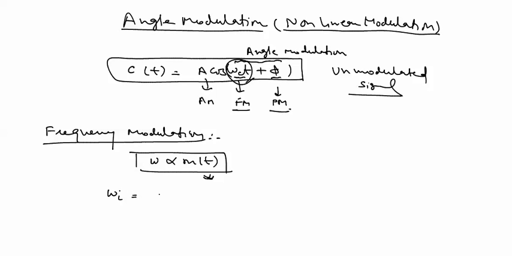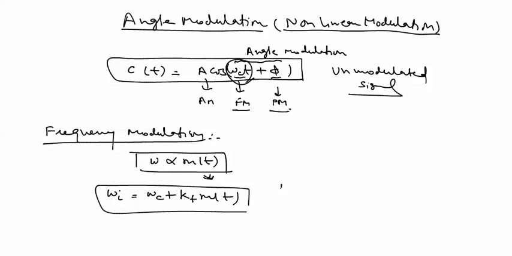We write this in terms of an expression. We expand it by removing the proportionality constant, giving kf m(t), where kf is known as frequency sensitivity.